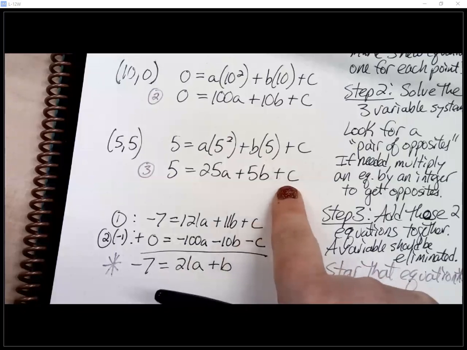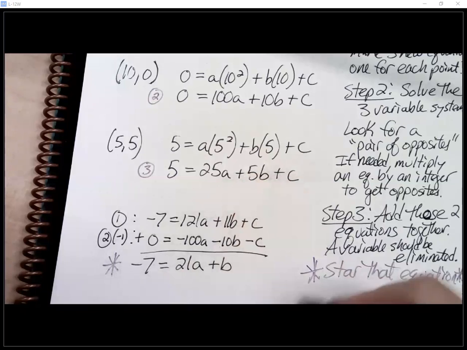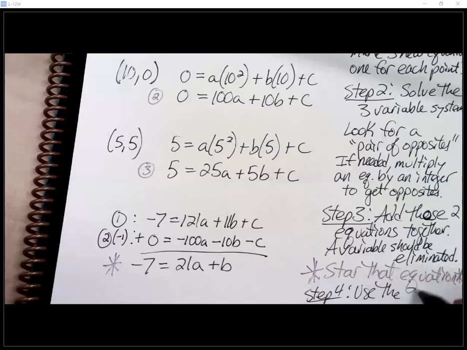I can reuse another one, but I haven't used equation 3 yet, so I have to. So step 4: use the third equation that you haven't used yet, and eliminate the same variable.